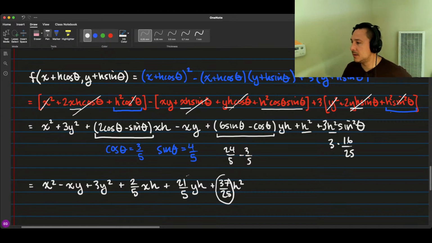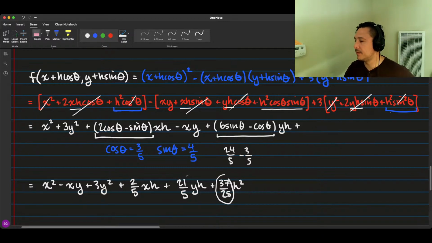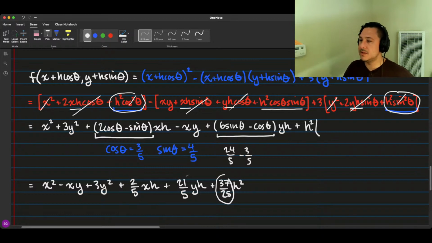Okay, wait. I must have some other mistake somewhere else. Okay, erase. There's some problem here. Okay, so. Oh! Okay. That's supposed to be h squared times cosine squared.